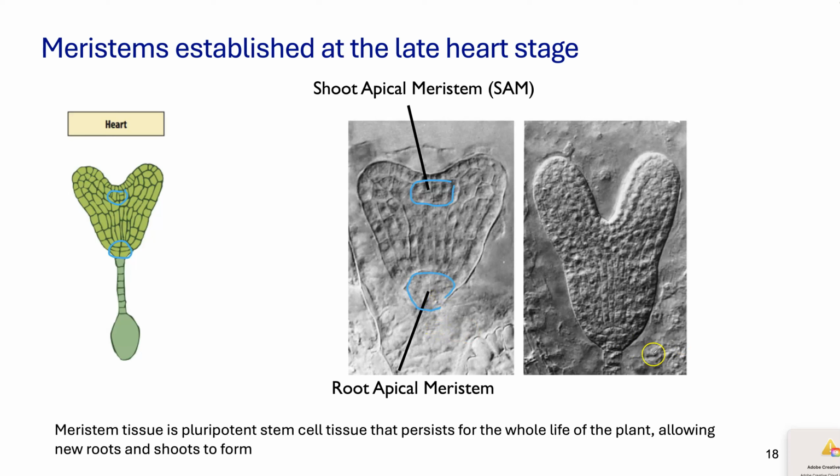Okay. Now, meristem tissue is really interesting because it's what we would call pluripotent tissue, and it's stem cell tissue that goes on for the whole life of the plant, right? So this could be a giant tree, and it could be 3,000 years old, and it could still have meristems and start developing new leaves, new shoots. It could still make flowers and fruit if it's a fruit bearing tree, and so on.